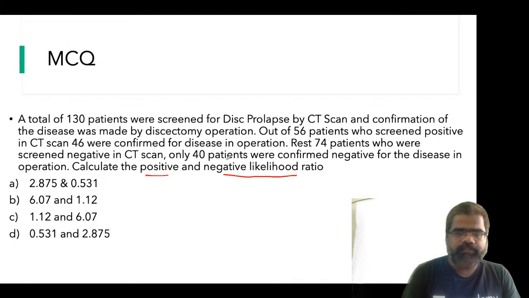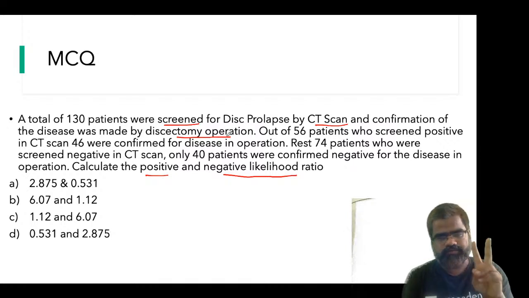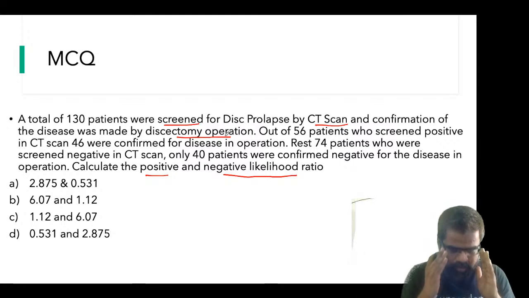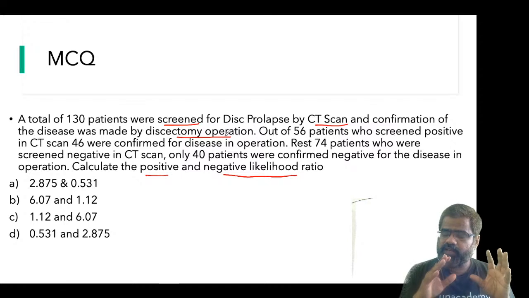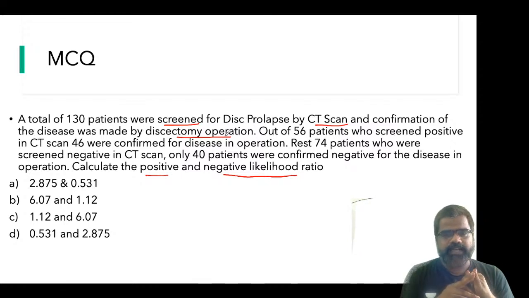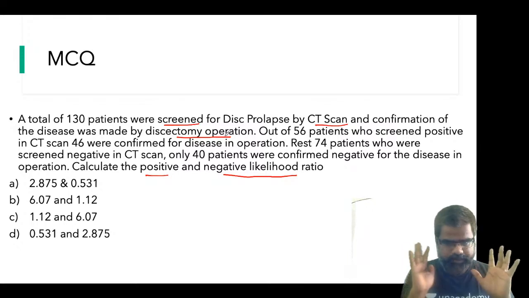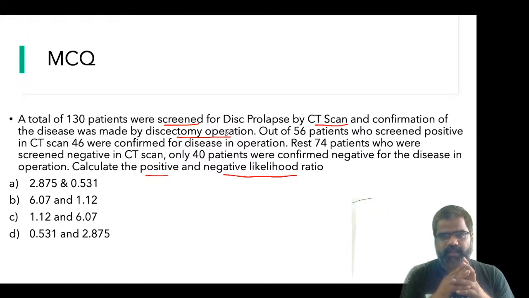Now, if I go by the question, you see the screening test is CT scan, right? And the confirmation is done by discectomy operation. So the first thing I know, out of 130 patients, the screening test I am using is CT scan, and the confirmatory test is discectomy operation. This much is clear.